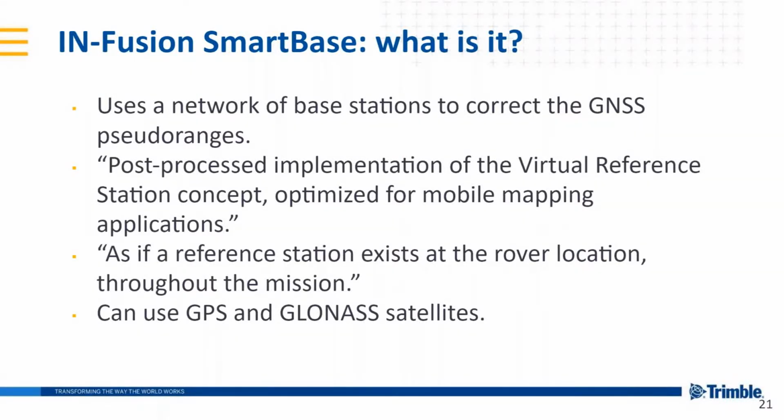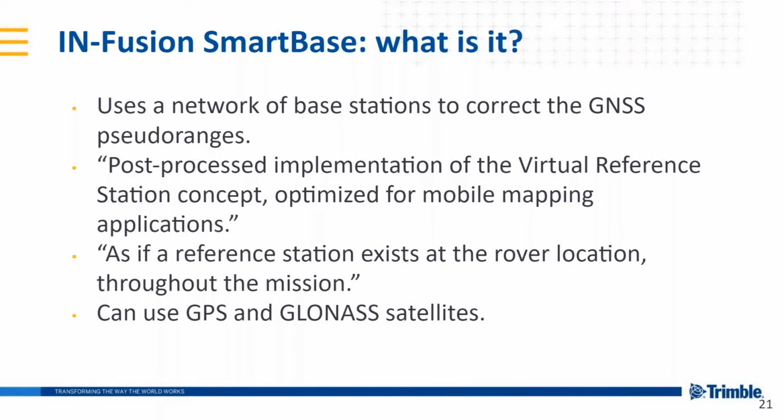So in Fusion SmartBase, what is SmartBase? It uses a network of base stations to correct the GNSS pseudo ranges. It looks like a virtual reference station concept, but optimized for mobile mapping applications.